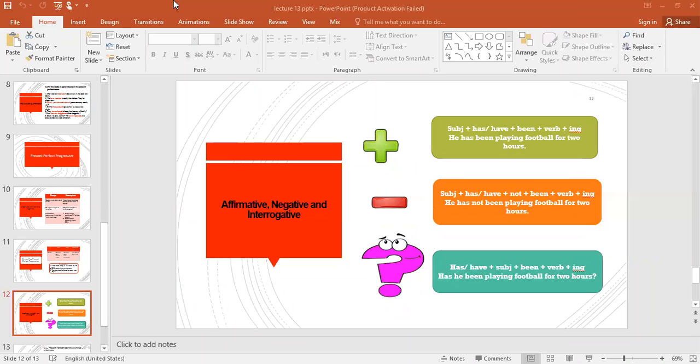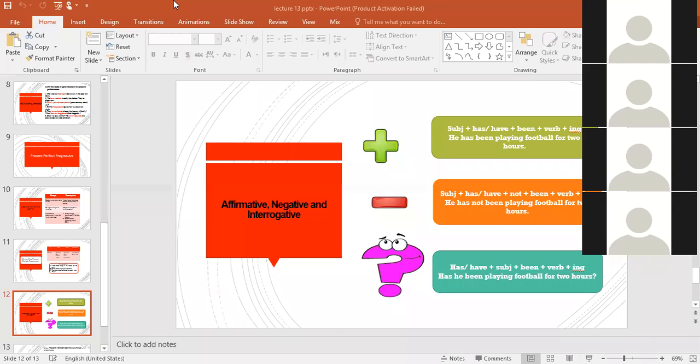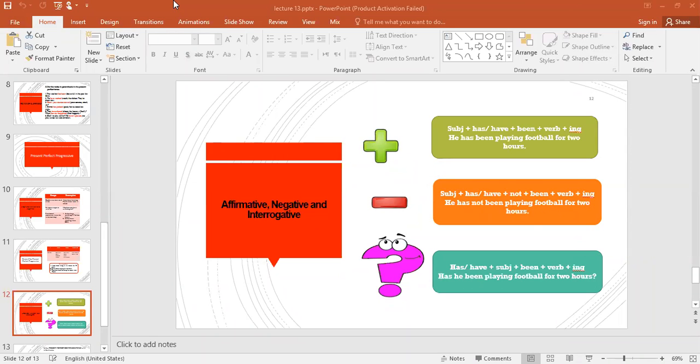And in interrogative, we just ask the question. The interrogative form is a question. So how do we ask? Has or have should be at the beginning of the sentence.